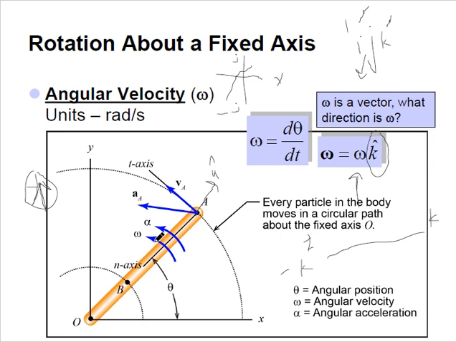So some of the people use a thumb, right? Your thumb is going to point in the direction of your angular velocity. So you curl your fingers in the direction of the rotation. If you curl your finger in the direction of the rotation, your thumb is going to point in the angular velocity direction. So it's like this.